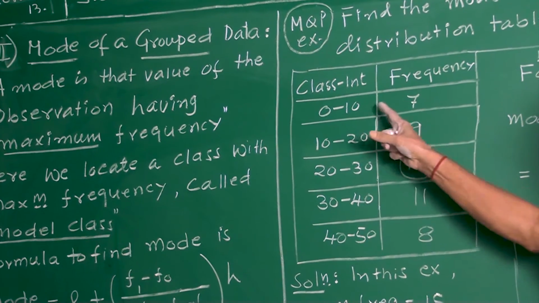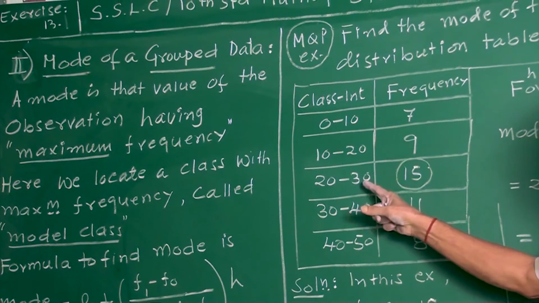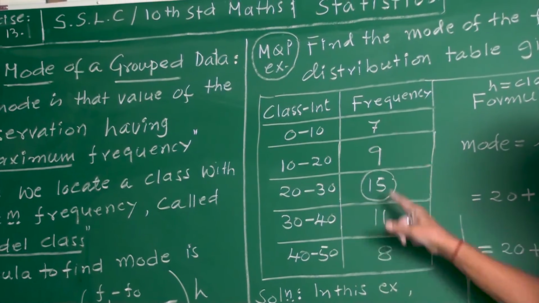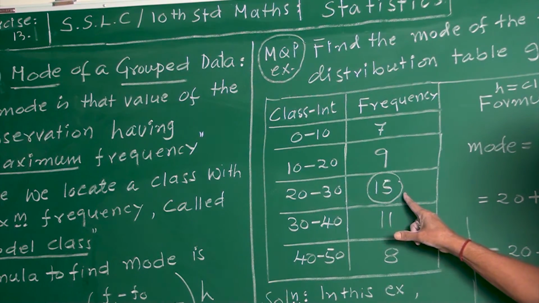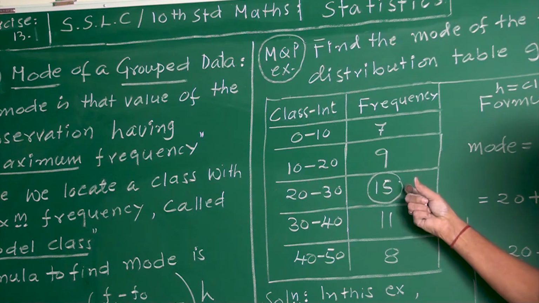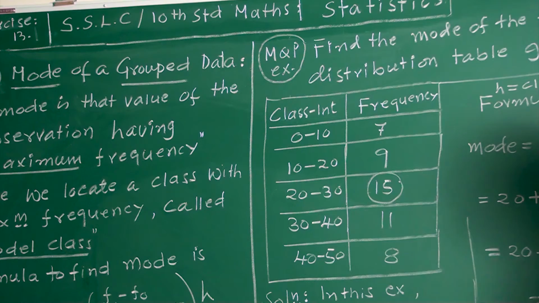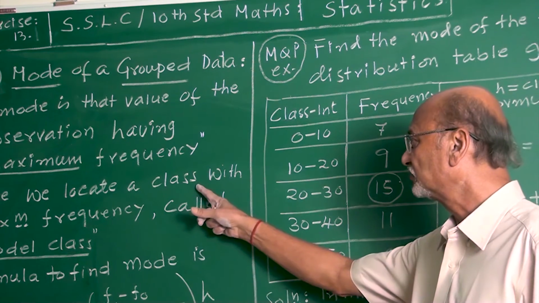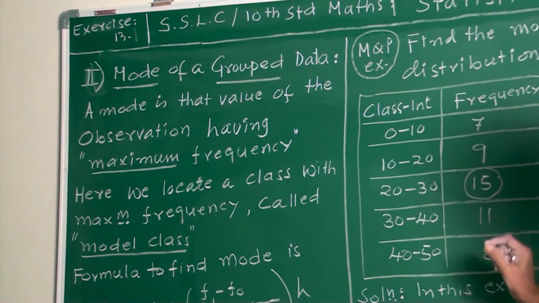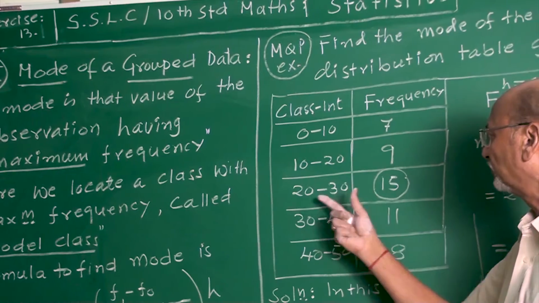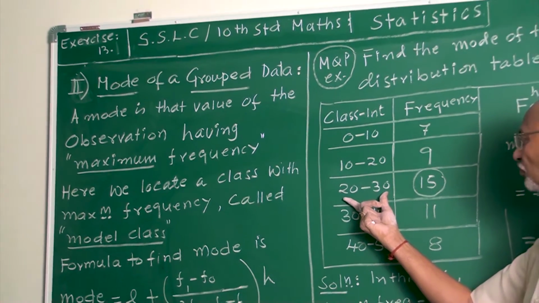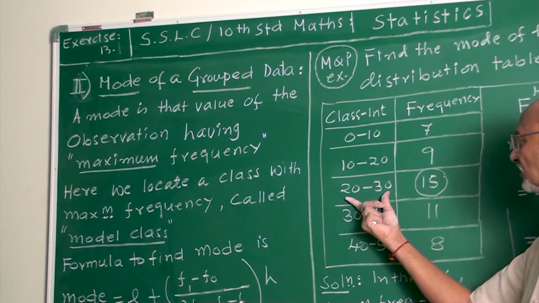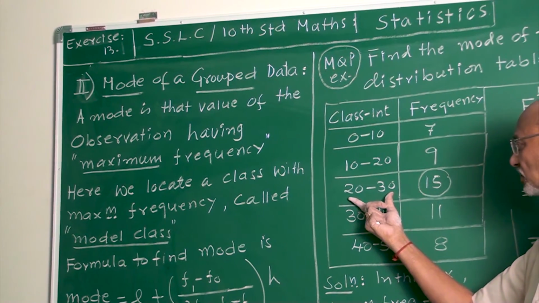These are the respective frequencies. Among these frequencies, which is the maximum? 15. Here, we locate a class with maximum frequency, called the model class. Corresponding to the 15, this class interval 20 to 30 is called the model class.